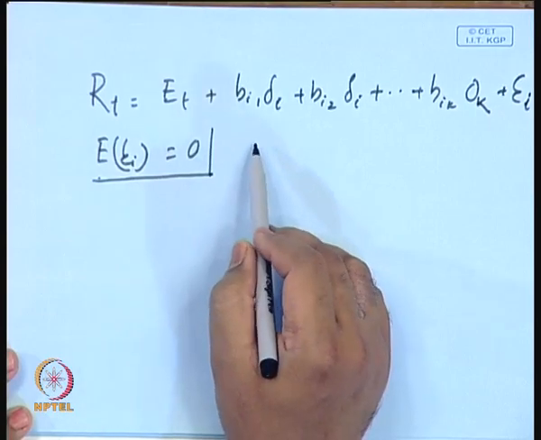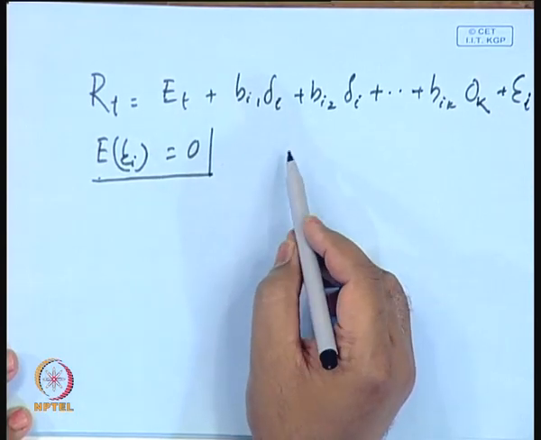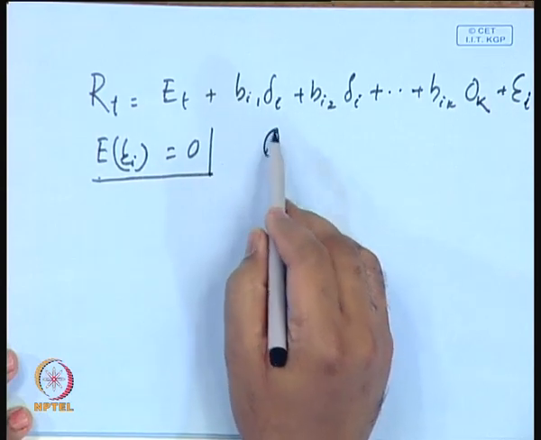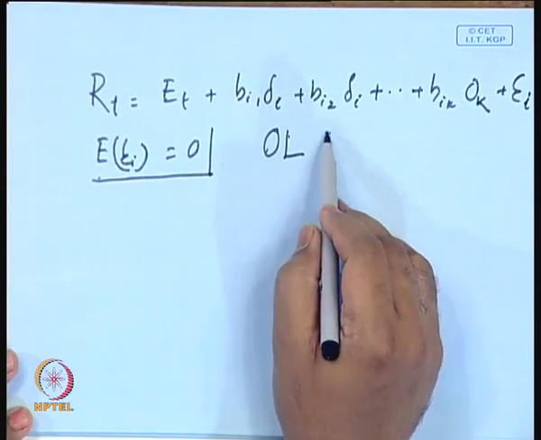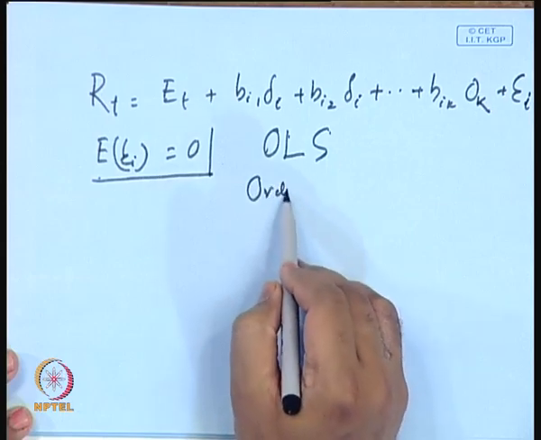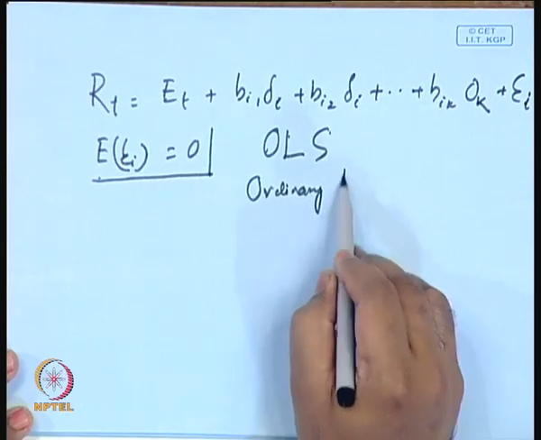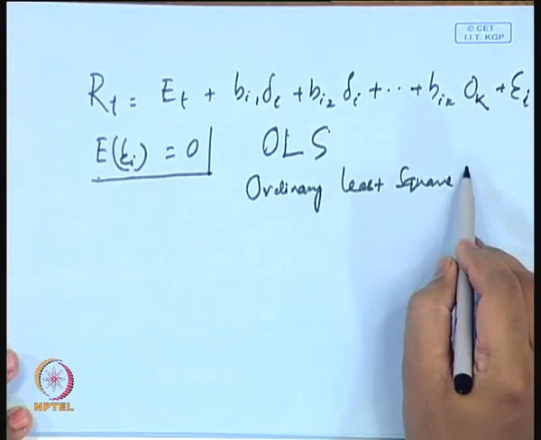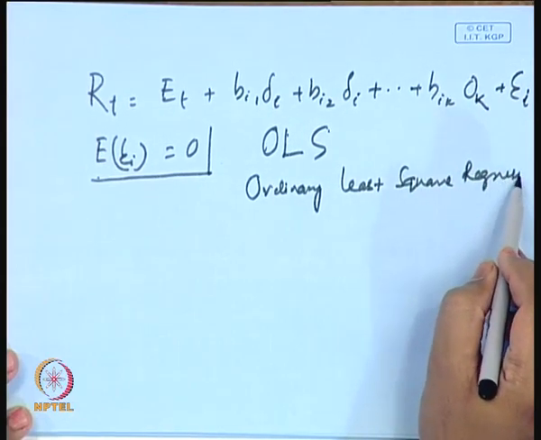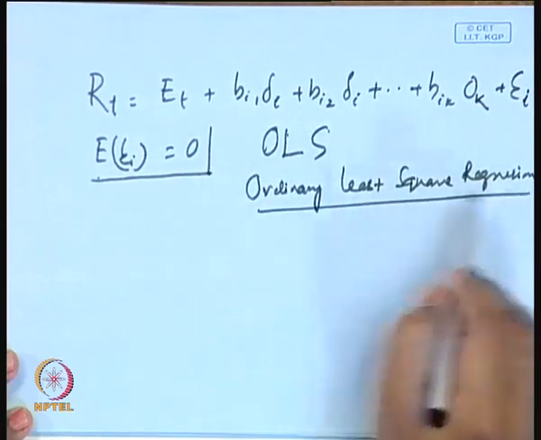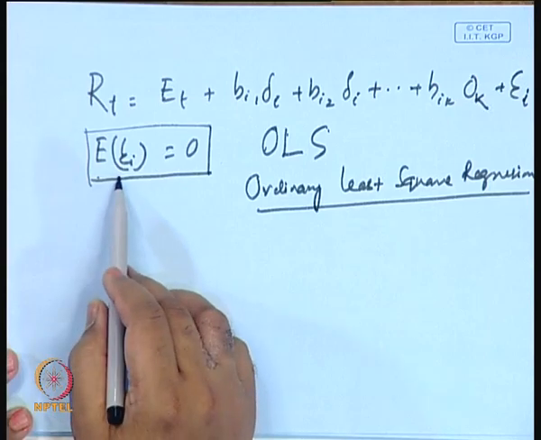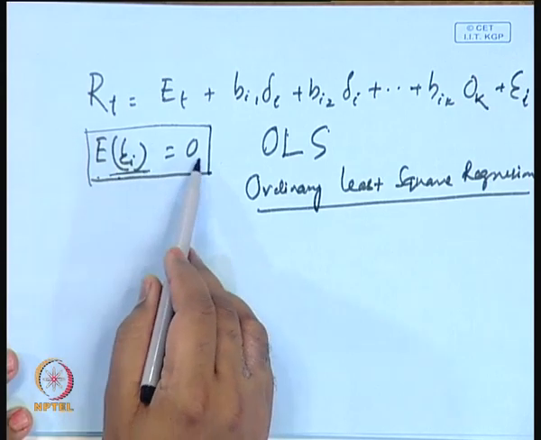We also assume this whenever we refer to any estimation process, for example if you are running OLS, ordinary least squares regression. Whenever we take all those assumptions, first of all we assume that the expected mean of the error term will be 0.